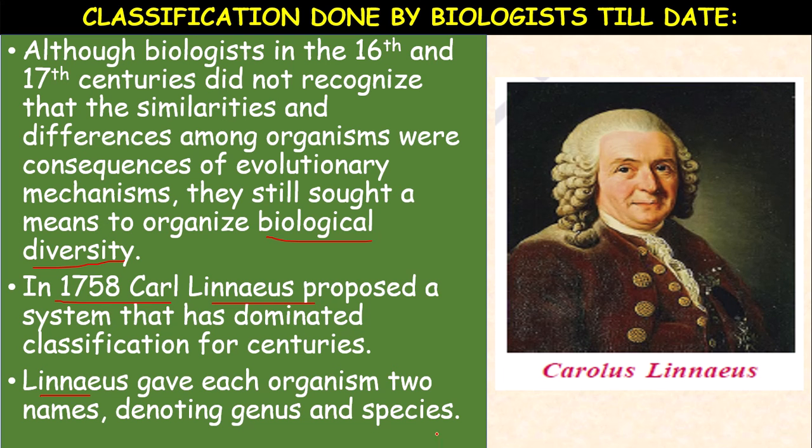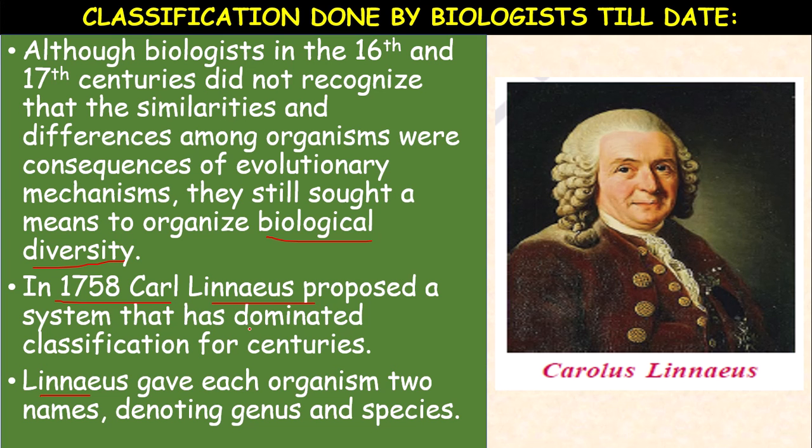The binomial nomenclature given by Linnaeus is the naming system in which the name of a species consists of two words, of which the first, the generic name, is written with an initial capital letter and the second, the species name, is written with an initial small letter.